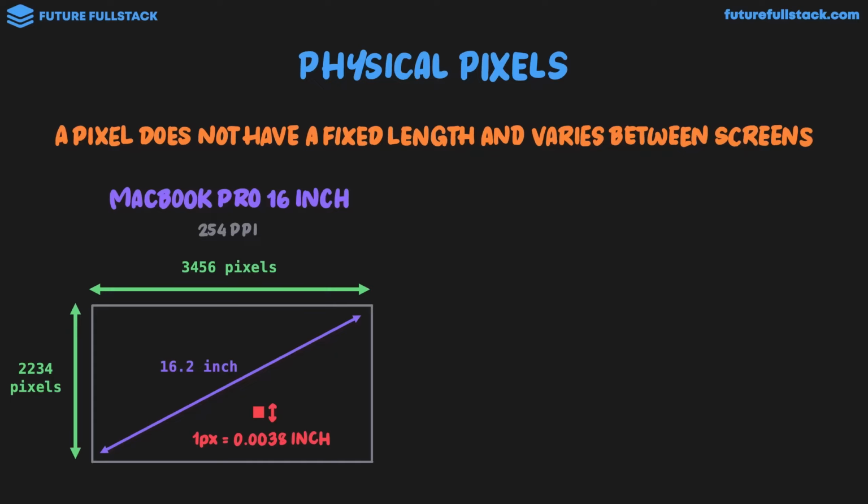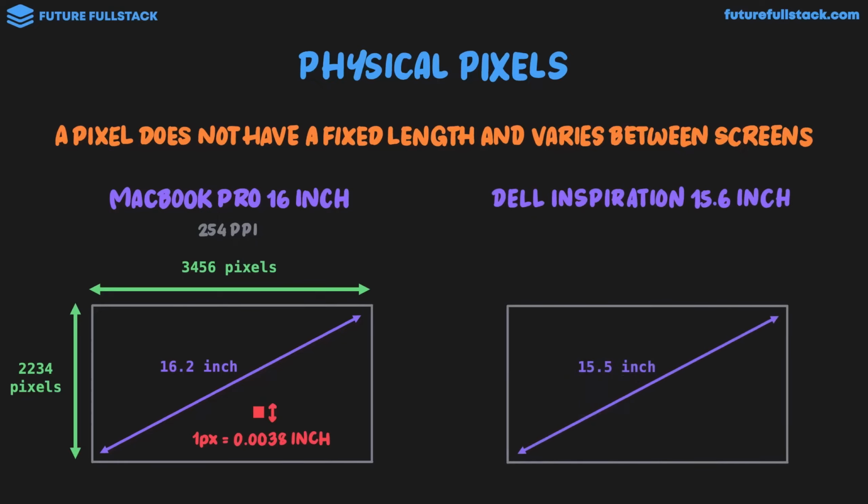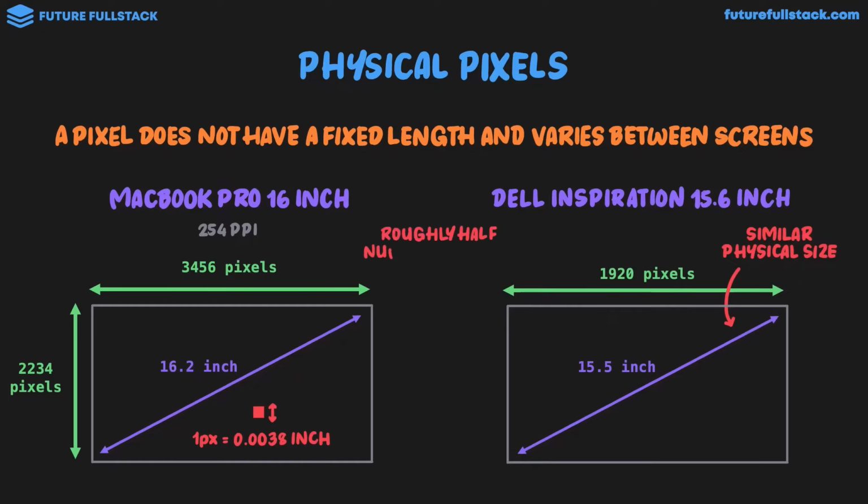Let's compare this to a Dell Inspiron 15.6 inch. The screen size of this device is 15.5 inches. This is a fairly similar physical size to our MacBook Pro, but the major difference is that there are a lot fewer pixels. In width, there are only 1,920 pixels, which is roughly half the number of pixels. For the height, there are 1,200 pixels, which is also close to half the number in height on the MacBook Pro.